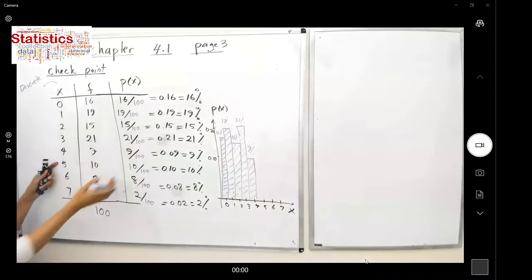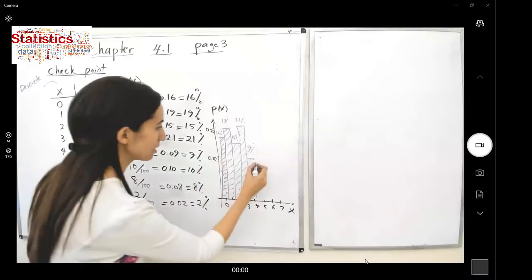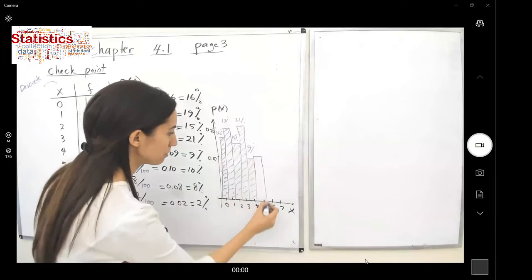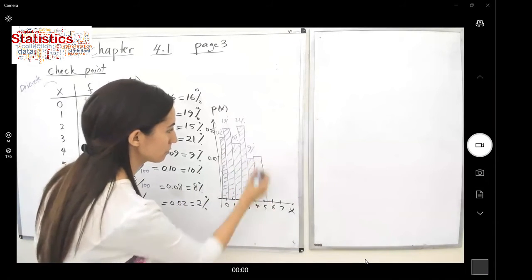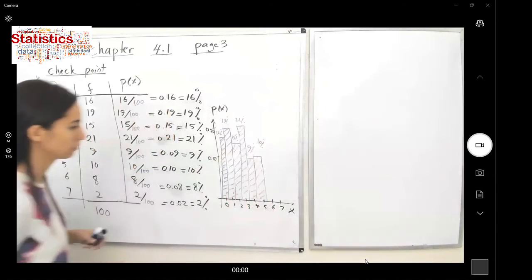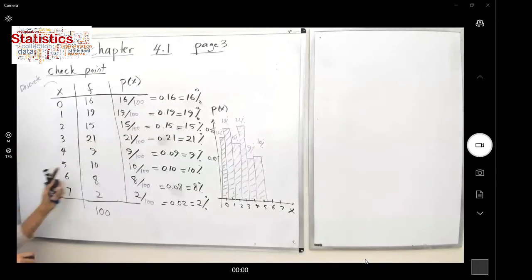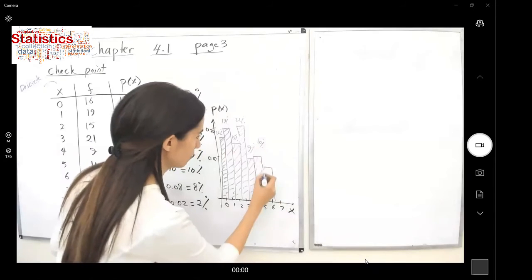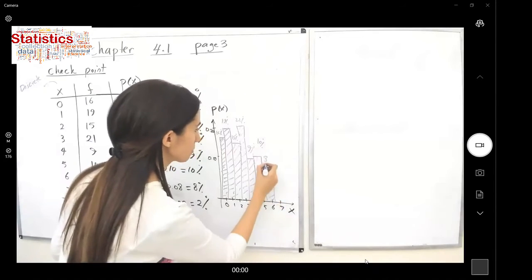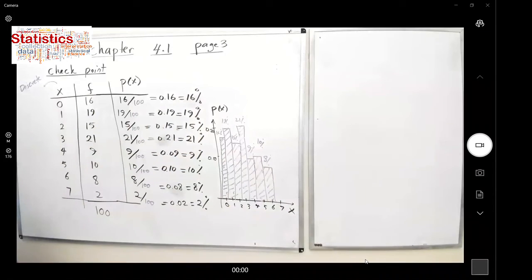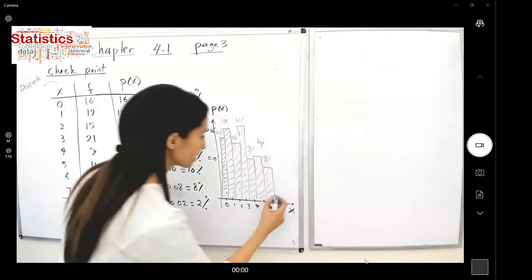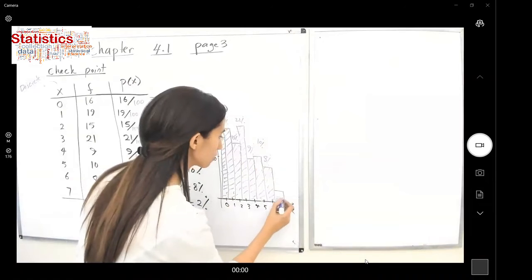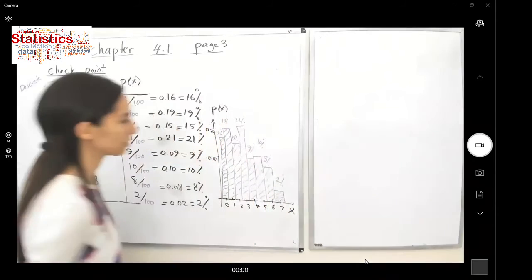X equals 5, 10%, so a little bit up here. 6 items, 8%. And finally, 7 items, 2%, which is just right here.